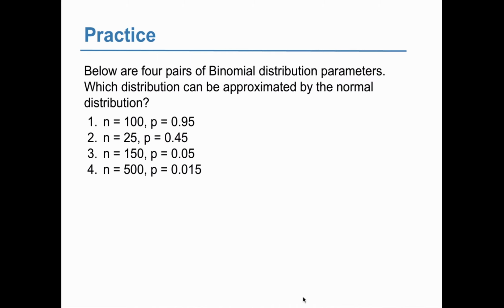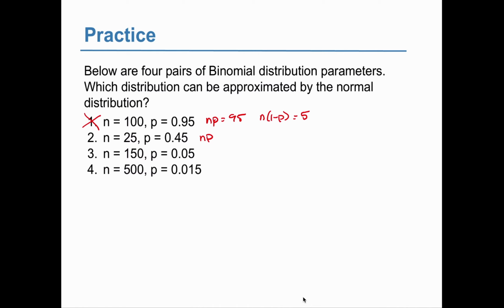So here are 4 pairs of binomial distribution parameters. Which distribution can be approximated by the normal distribution? In the first, np is 95, but n times 1 minus p is only 5, so that doesn't work.